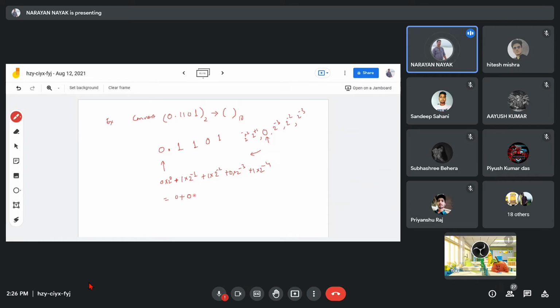That is a 0.5. 2 to the power minus 2, that is 1 by 4 into 1. I think 0.25. 2 to the minus 3 into 0, 0. 2 to the minus 4. So 2 to the minus 4 means 1 by 16. Okay. So 1 by 16 how much? 0.0625. Very good. Okay.